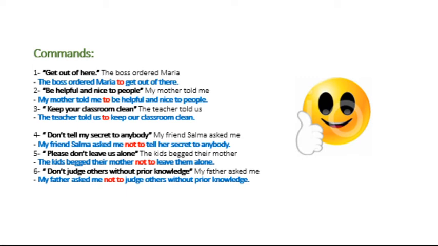You can notice that these three examples are negative. So don't tell my secret to anybody. My friend Selma asked me not to tell her secret to anybody. It's not my friend Selma asked me don't to, or to don't tell. No. It's my friend Selma asked me not to tell.